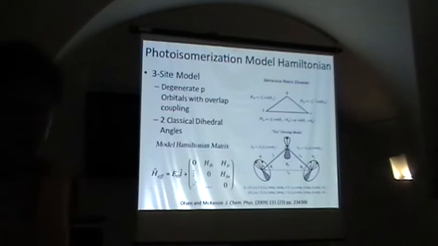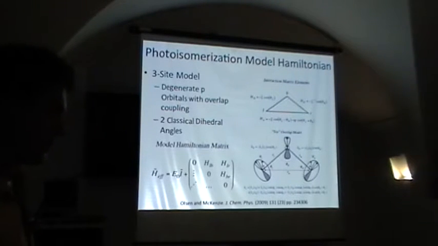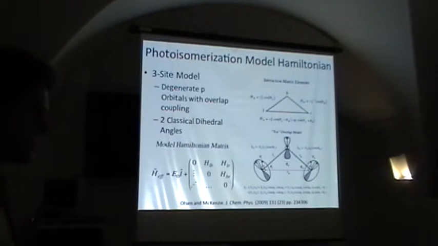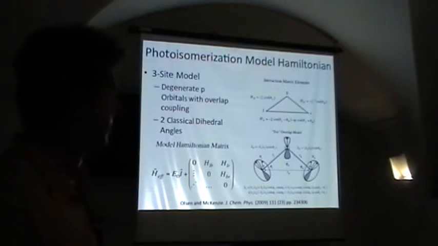So, what I want to show you is that you can use this solution and you can actually plug it into an analytical model and you can get the right physics.